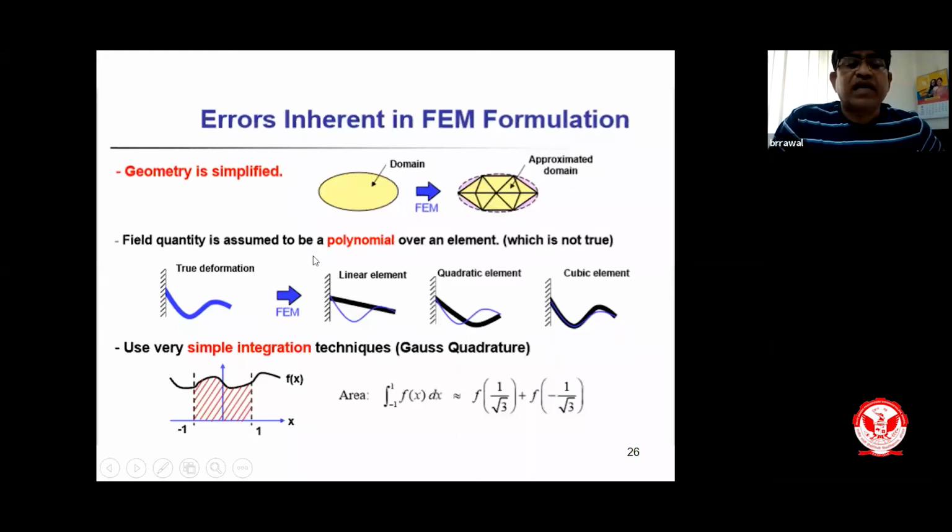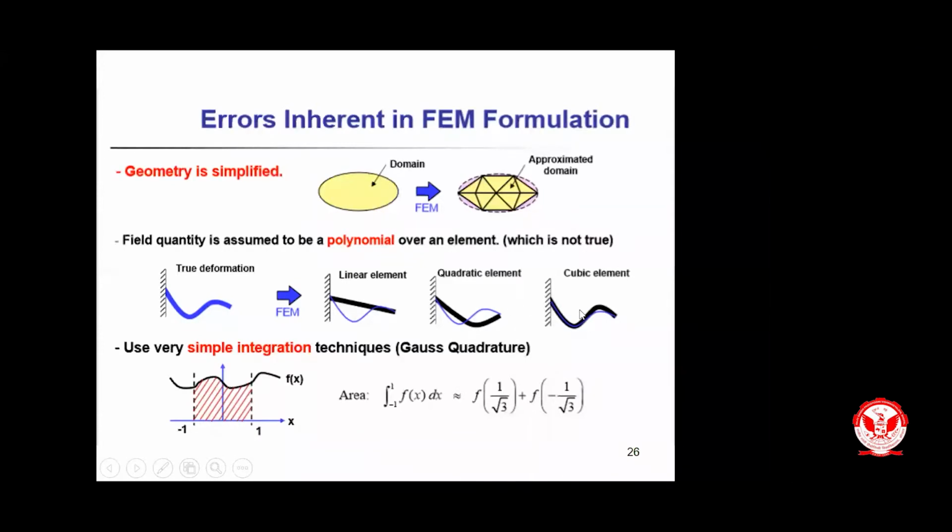Its equation is u equals a plus bx. Here it's linear deformation. Here quadratic, and this is a cubic element. If we increase the order of the polynomial, it means we are approaching the solution.